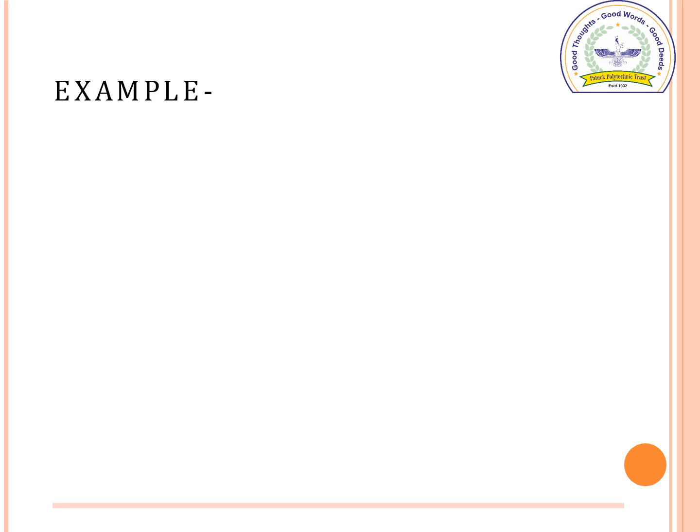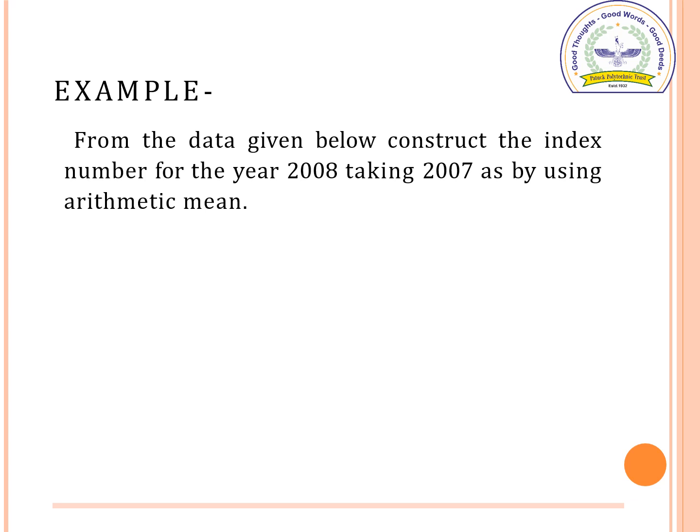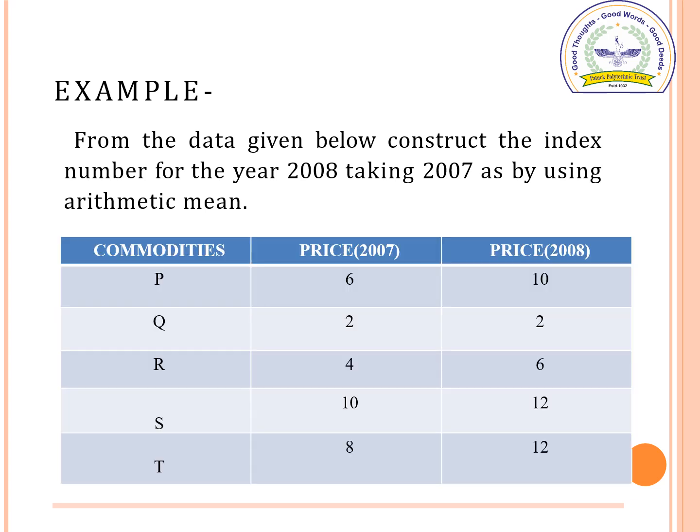Let's see a simple example. From the data given below, construct the index number for the year 2008 taking 2007 as base, by using arithmetic mean. Here we are given commodities, price in 2007 and price in 2008.